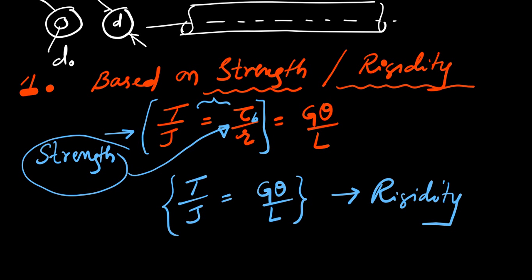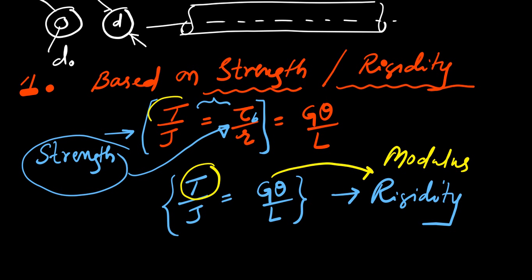And for rigidity, this G indicates the modulus of rigidity, so it comes as based on rigidity. Now in both the equations the torque is common.